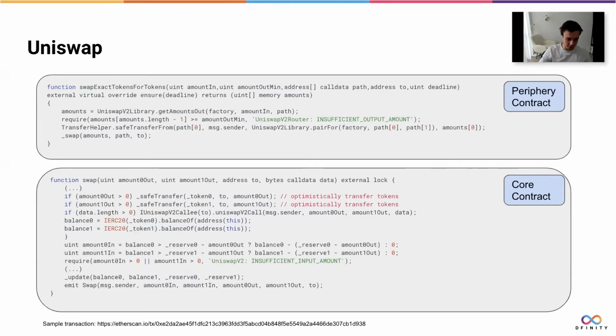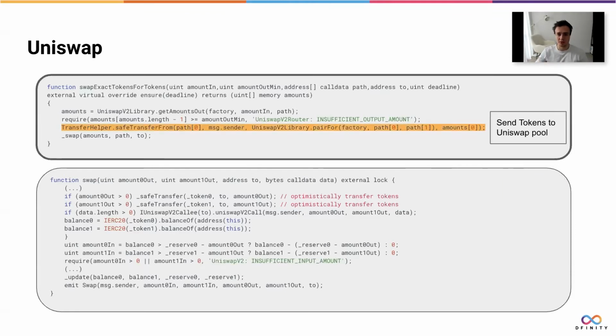Now look at what happens if you want to do a token transfer on Uniswap. Let's say you want to exchange some Ethereum for another token. You call this function, and the first important function that gets executed transfers your tokens to the Uniswap pool.